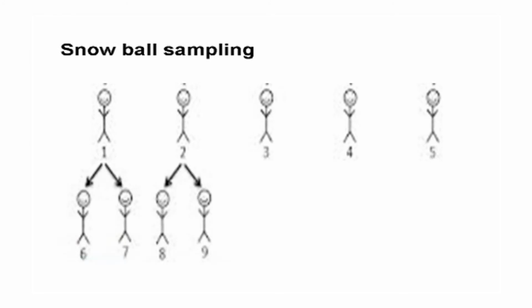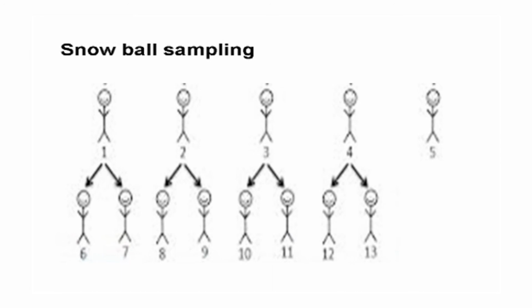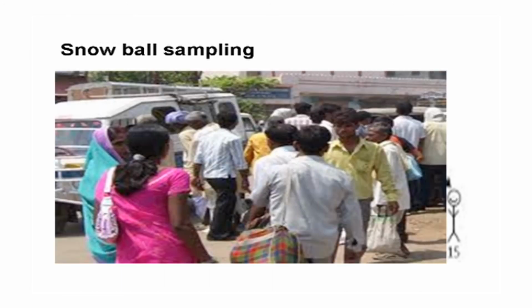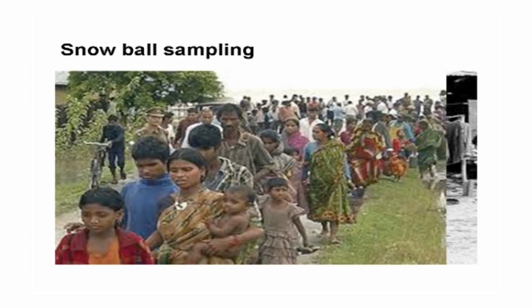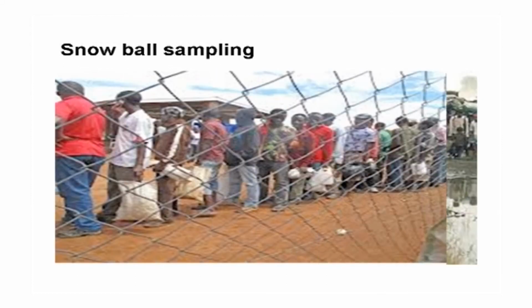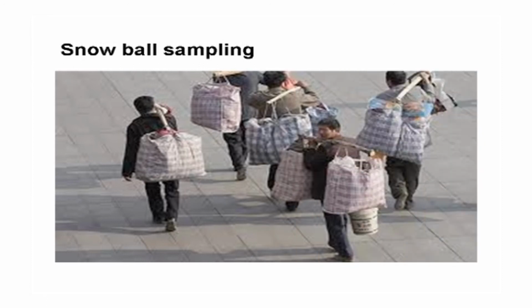The sample size gradually enlarges by a process of accumulation like a snowball. For example, studies on migration and migrant populations should follow this type of snowball technique.